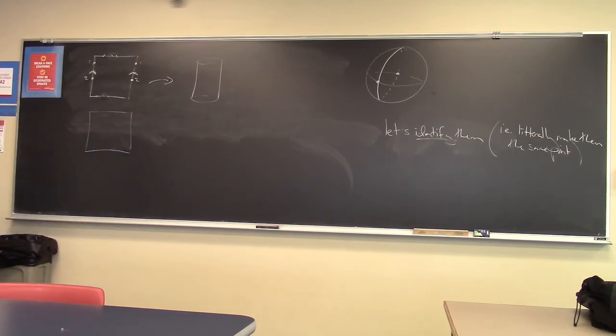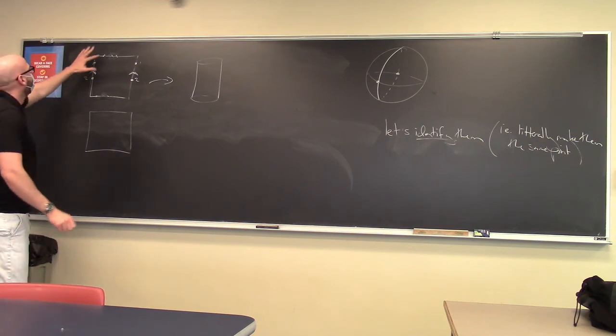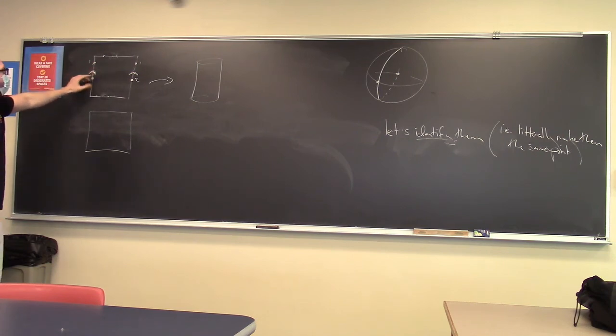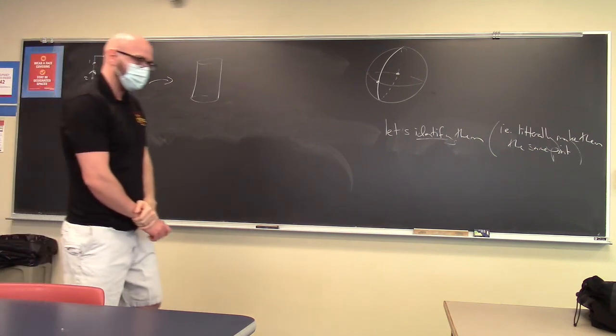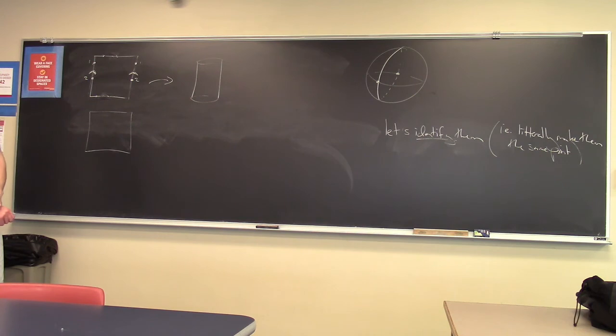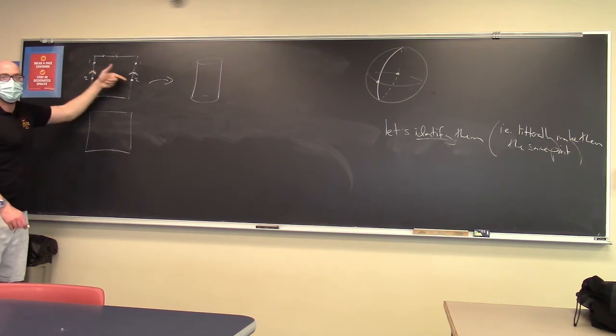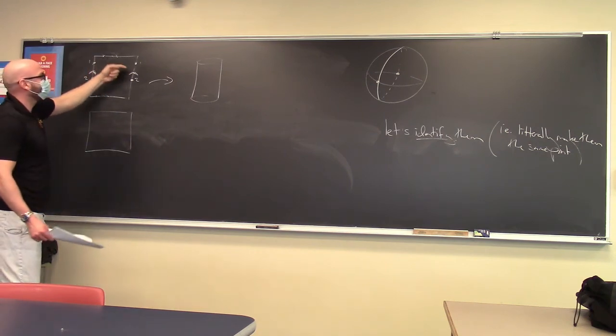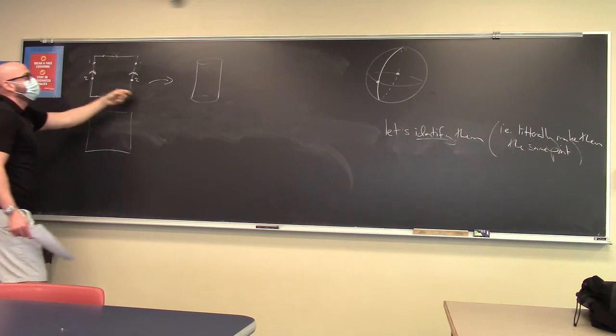Oh, by the way, this identification of this side with this side, that's literally Pac-Man, right? Pac-Man goes off this side of the screen, comes back on this side. So Pac-Man lives on a cylinder. When he comes off here, he's actually over here because he lives on a cylinder.